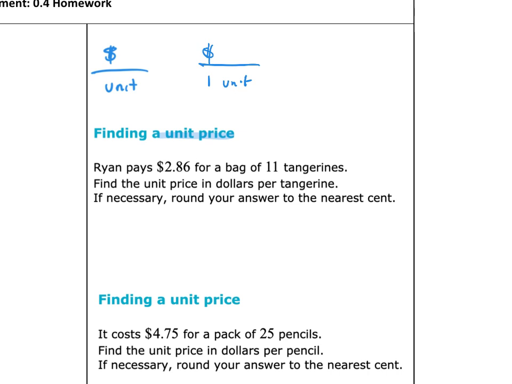We're going to start with whatever we start with, and we're going to complete it. For this one, it tells me that I get $2.86 for 11 tangerines. What I need to know to get my unit price is how much for 1 tangerine.